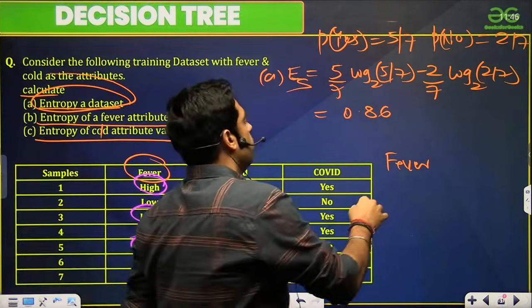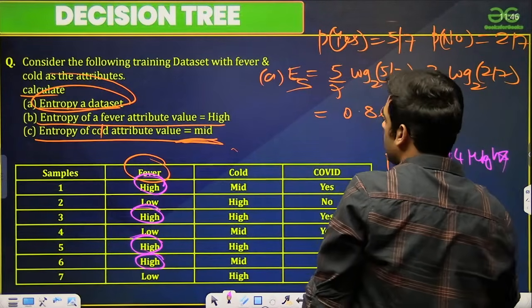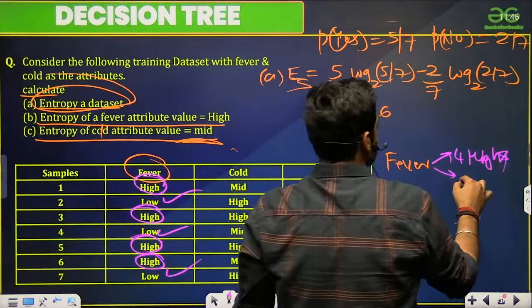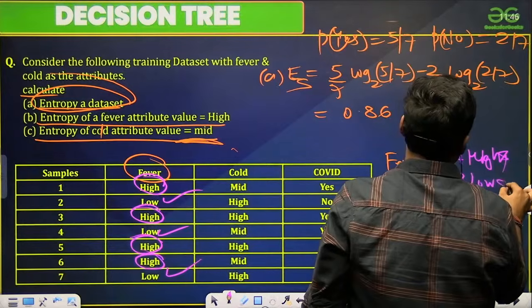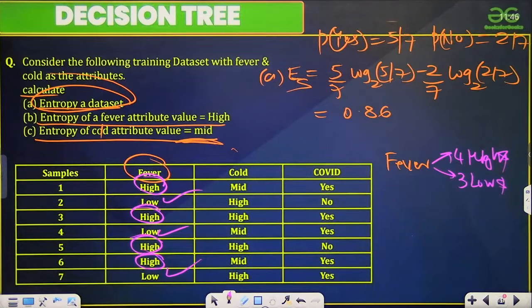So we have 4 highs. And how many lows are there? 1 low, 2 low, 3 low. So for feature fever we have 4 highs and 3 lows.